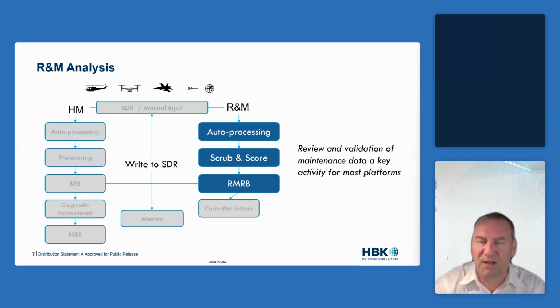Hey, there's a problem part. Let's analyze it in some detail and use a fairly established or sophisticated process to look through that data. For those programs, they'll primarily count on our auto processing, the work that's being done by XFRACAS to validate the data coming in, to score it, and we're going to talk a little bit about all of that work. That's basically what they would count on.